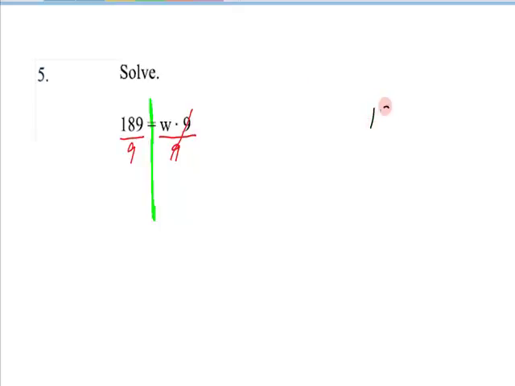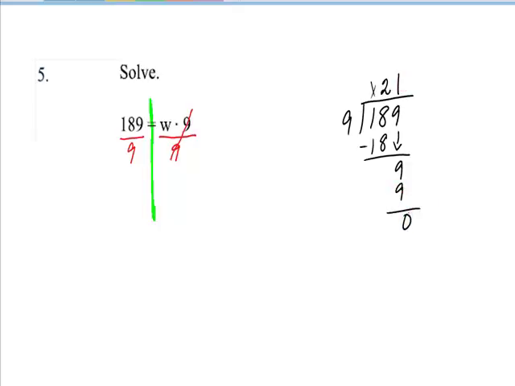So I may need to go over here, excuse me, and do my division. 9 does not go into 1, so there won't be anything sitting there. 9 goes into 18. It goes 2 times. 2 times 9 is 18. Subtract, bring down the next number. 9 goes into 9 one time. I have a remainder of 0.